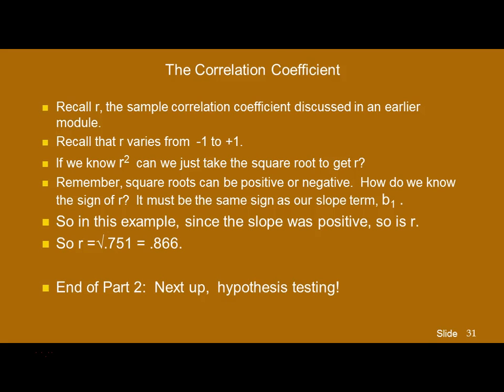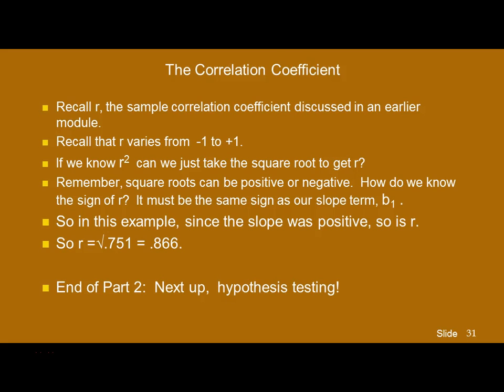Now let's go back to R, the sample correlation coefficient. You might recall that R varies from -1 to +1. So if I know R squared, can I just take the square root to get R? Well, not quite, because remember, square roots can be positive or negative. How do we know the sign of R? Well, if you think about it for a moment, it's going to be the exact same sign as that of our slope term.